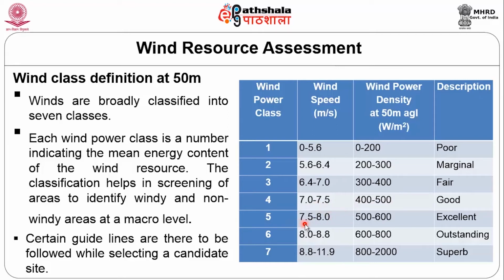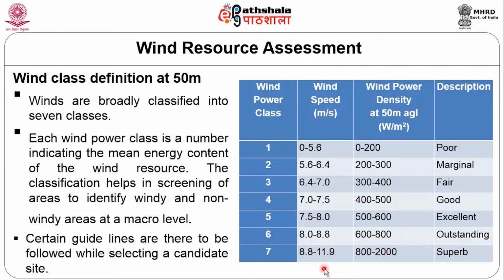An excellent site, class 5, and wind power density is about 500 to 600 watt per meter square. Outstanding when the wind speed exceeds 8 meter per second, and when the wind power density is about 600 to 800, very outstanding site.